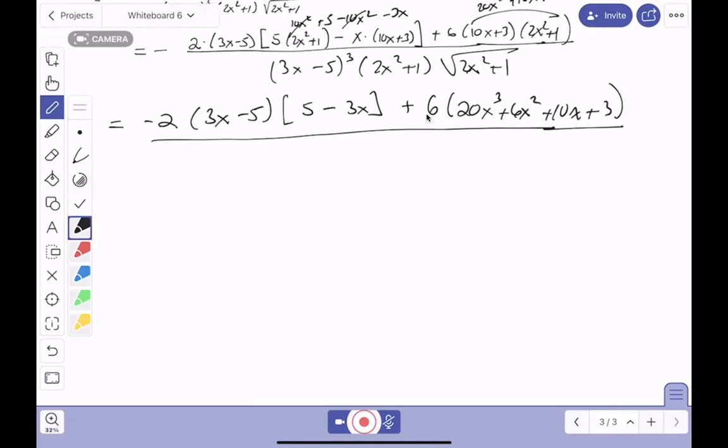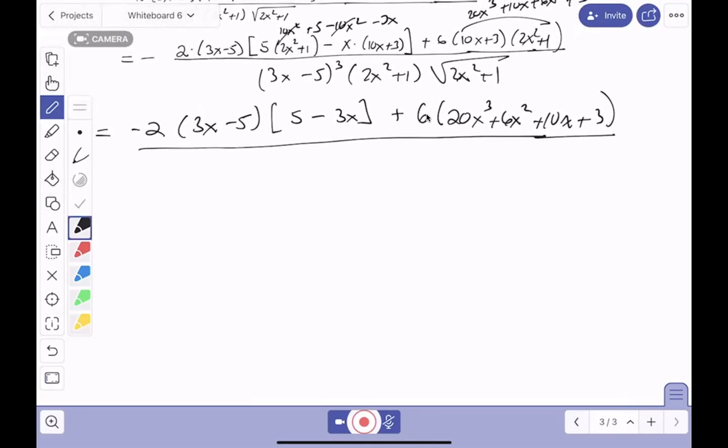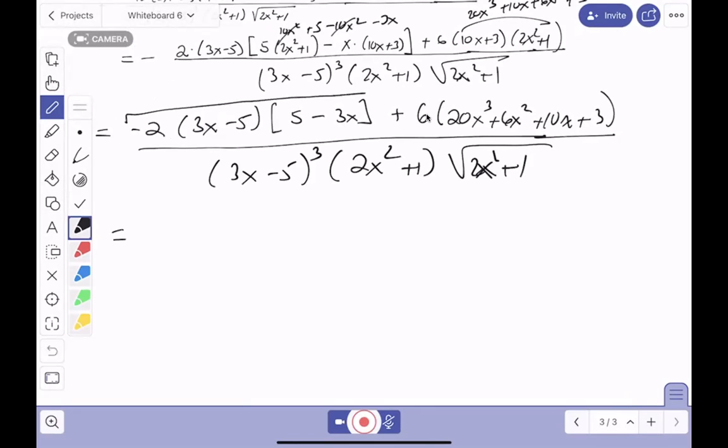We'll get to the point later. Don't worry. What do you get on bottom? (3x minus 5) cubed, (2x squared plus 1), square root of 2x squared plus 1. All right, let's keep going. I'm going to rewrite this guy here as 2 times (3x minus 5)(3x minus 5).